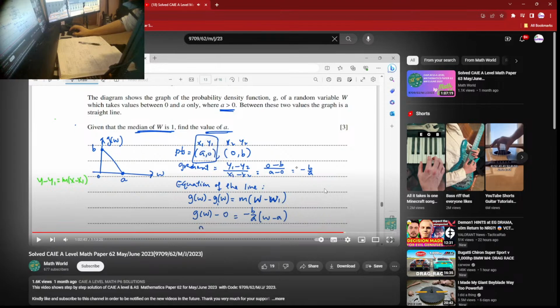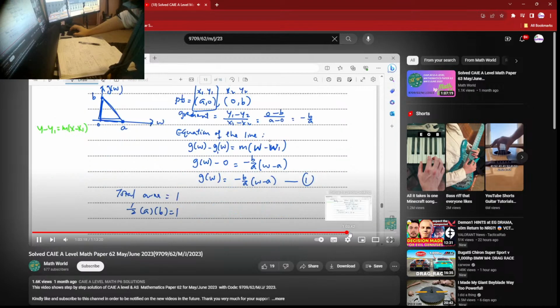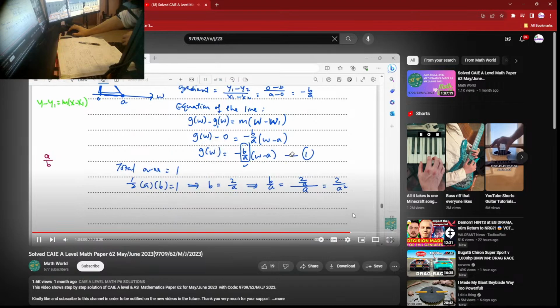So from here I will get the gradient is b over a. Alright. My equation of the line becomes negative b over a brackets w minus my b. So you have two different unknowns as well. So the area will be half AB. Alright. Makes sense. Divided by c over d. And then you use that to find what B is in terms of A.